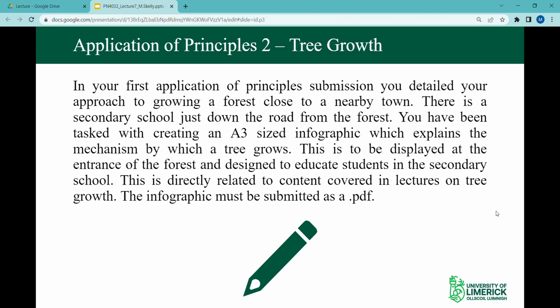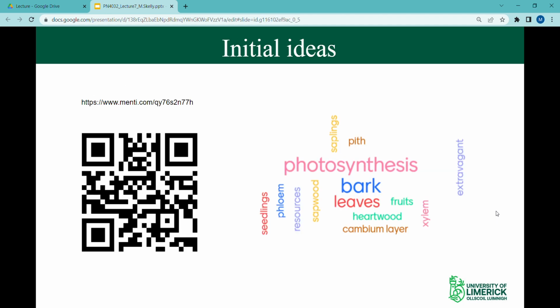So just from looking at this, I want you all to take a bit of time. Pause the lecture now, scan that QR code or copy and paste the link. That QR code will bring you to a Mentimeter, and I just want you to fill out some of the words that come to your mind when you start thinking about the mechanism by which a tree grows.